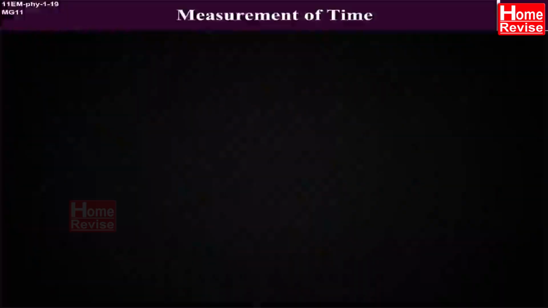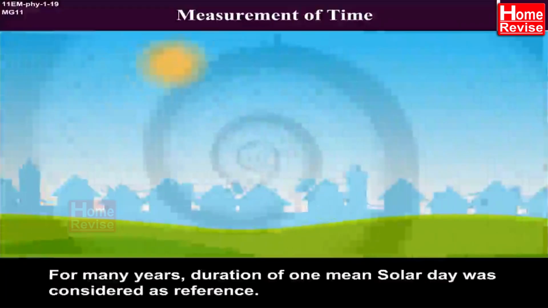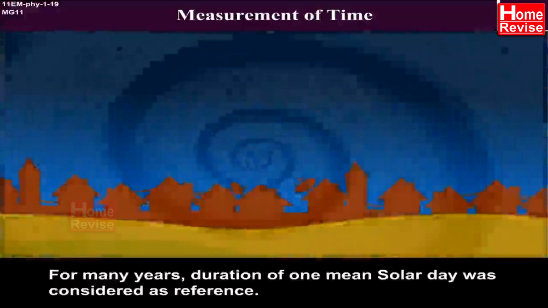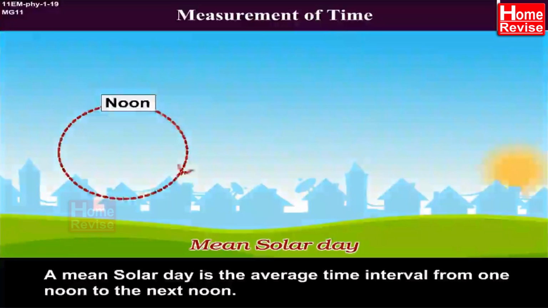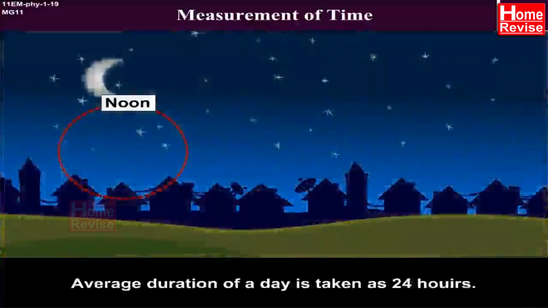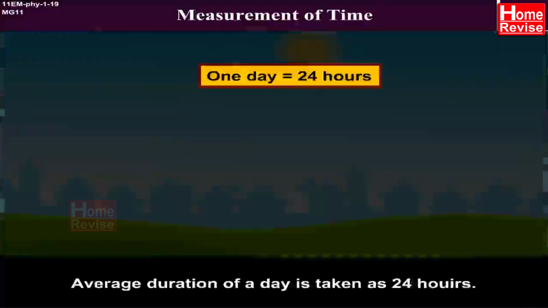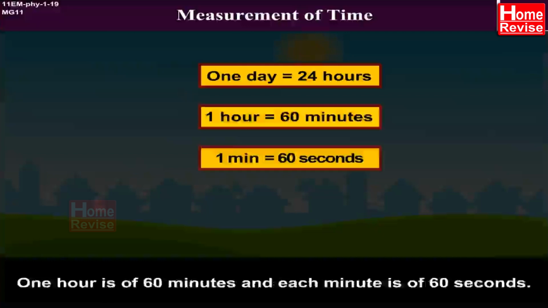Measurement of time. The SI unit of time is the second, written as S. For many years, duration of one mean solar day was considered as reference. A mean solar day is the average time interval from one noon to the next noon. Average duration of a day is taken as 24 hours. 1 hour is of 60 minutes and each minute is of 60 seconds.